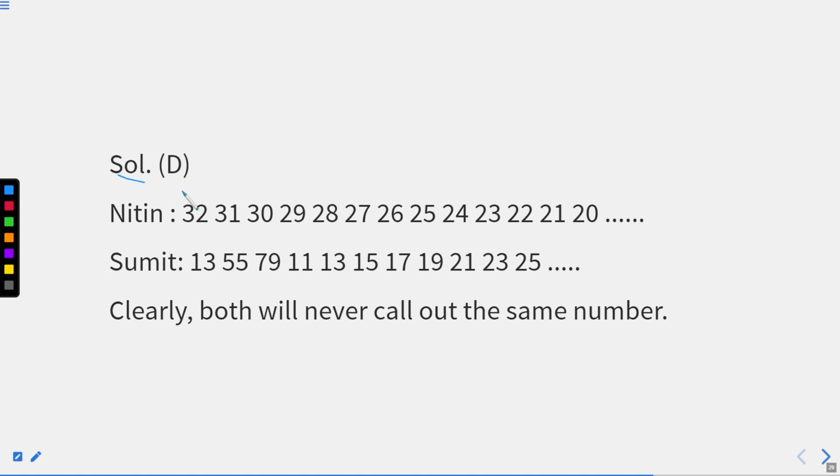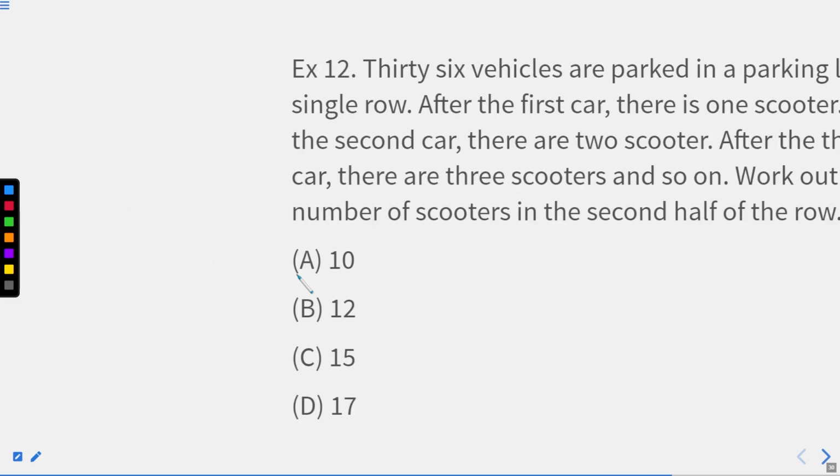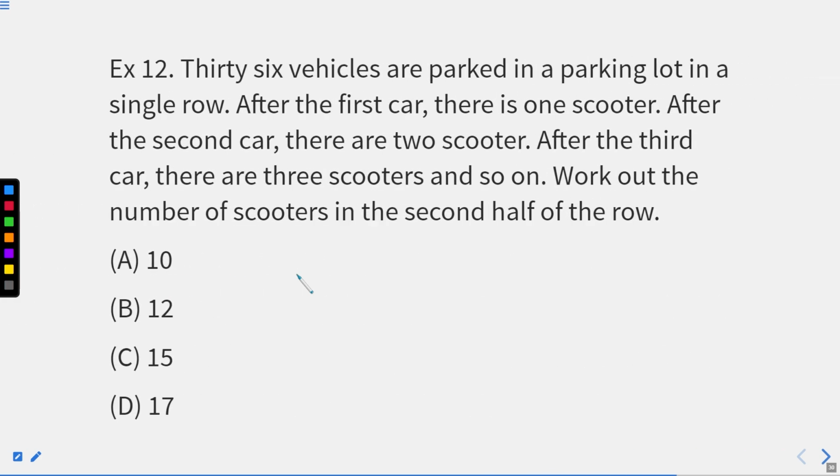Option number D. Okay. So if you look forward to the next question, again on the basis of some different language. So here again we need to read the question properly, what is asked or what conditions are given in the question. So your question says that 36 vehicles. Now mark the number 36 vehicles, right?